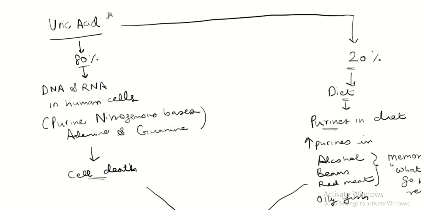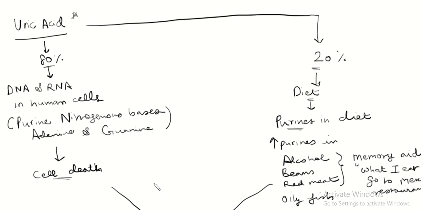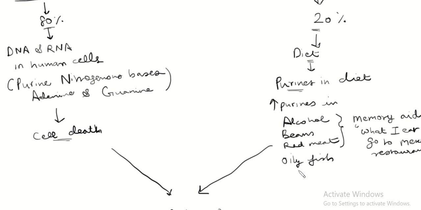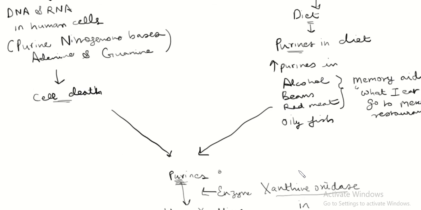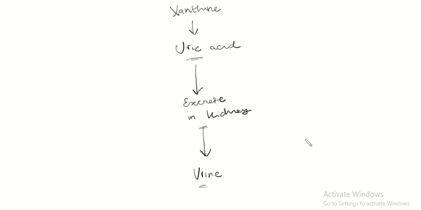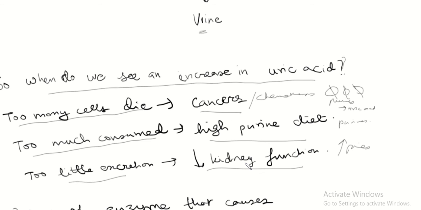How does it get formed? 80% is contributed by cell death and 20% through diet: alcohol, red beans and red meat, and then oily fish. And then the purines get converted to uric acid through xanthine oxidase in the liver, and you get uric acid, which is then excreted by the kidneys in the urine.